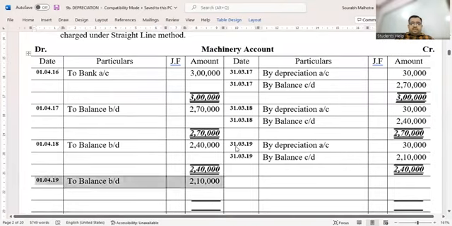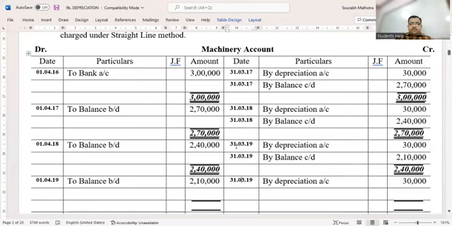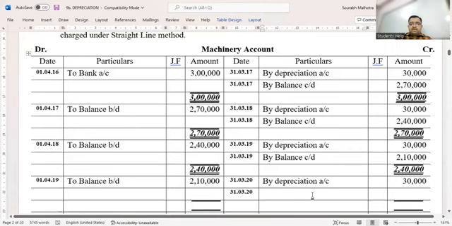Again, children, using it for a year, the journal entry for charging depreciation would be the same. Posting would be the same. 210 on the debit and 30 on the credit. Which side is short? Credit side. By what amount? 1,80,000.